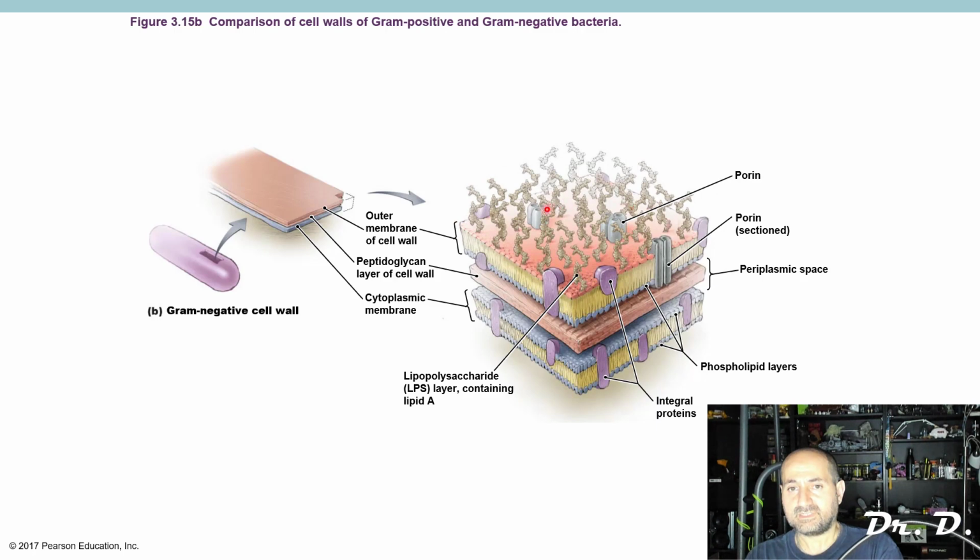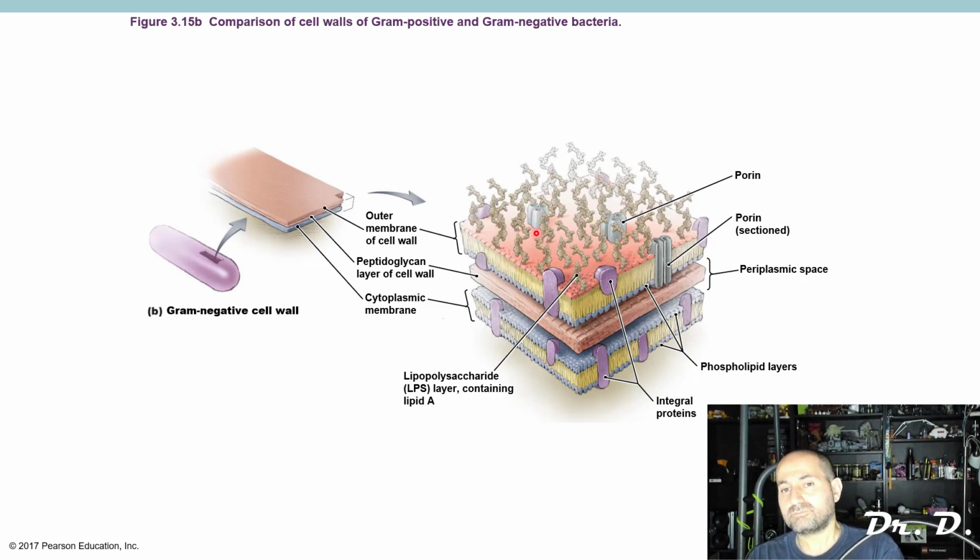This is your LPS, right? LPS is the outer part of the outer layer. And remember, there's a dangerous part to the LPS, which is called lipid A. Lipid A is the lipid part of the outer membrane, and lipid A is called endotoxin. It's highly toxic to your system.